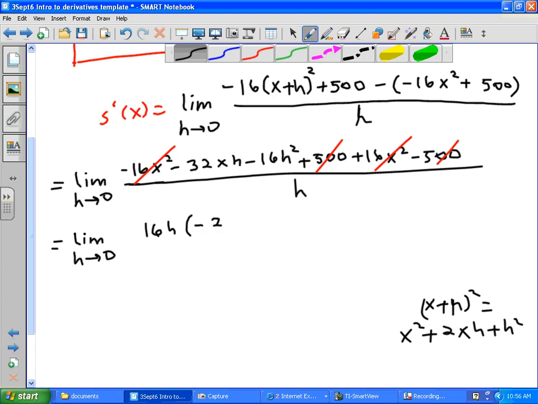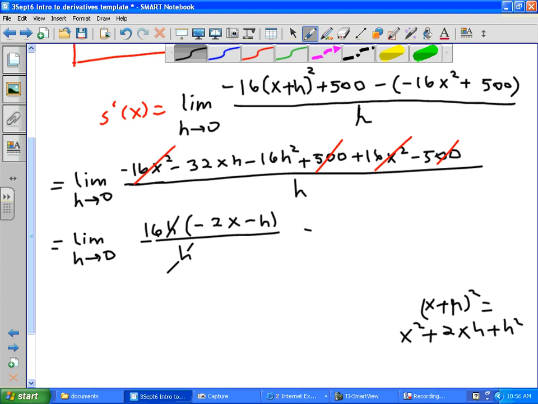Negative 2x, right? I took a positive 16. You could have taken negative 16 also if you wanted to. I took a positive 16h out. So I'm left with negative 2x and then minus h over h. So now the h's are gone.